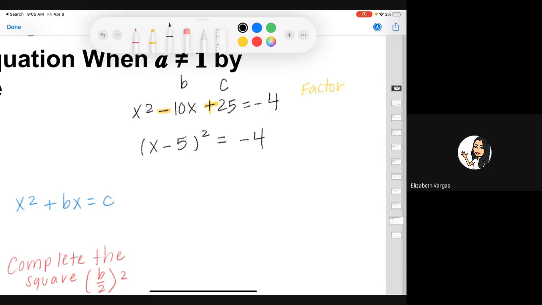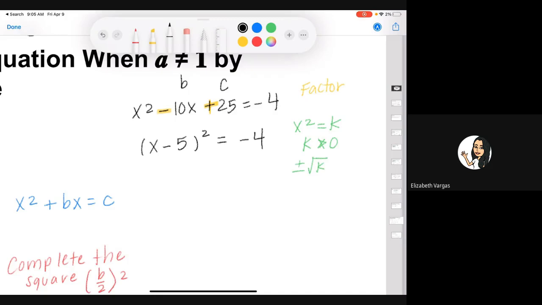Now I have this in the form x squared equals k. In this case, k is actually not greater than 0, and because of that, I'm not taking the plus and the minus of the square root of k. I'm just solving for x, because k is negative 4, which is not greater than 0.